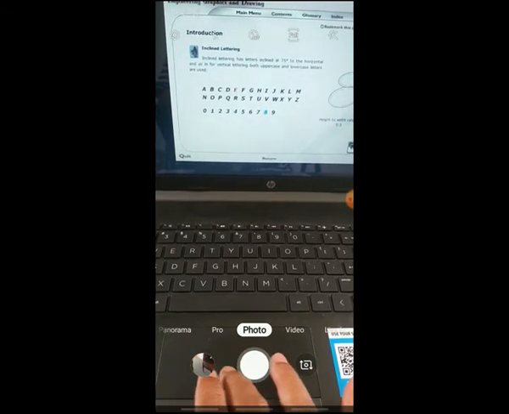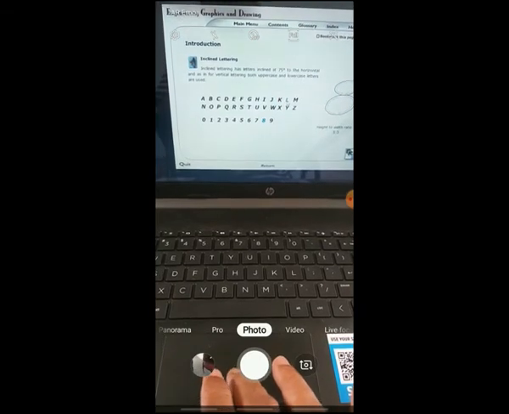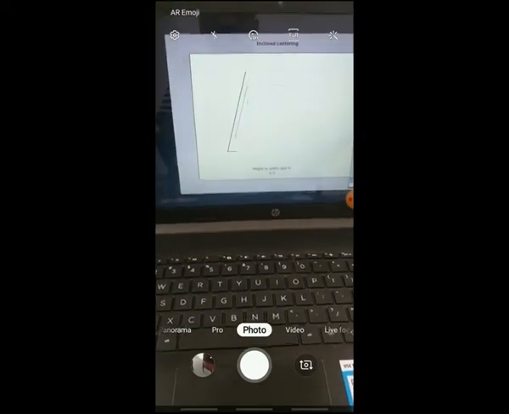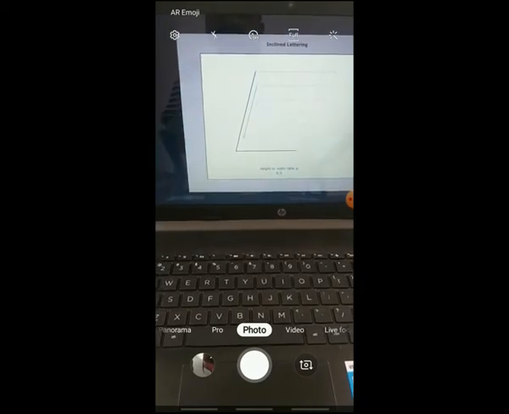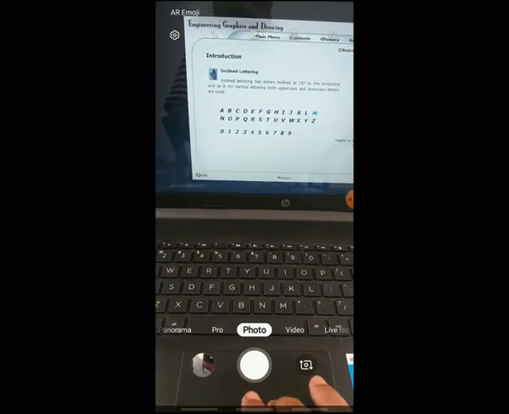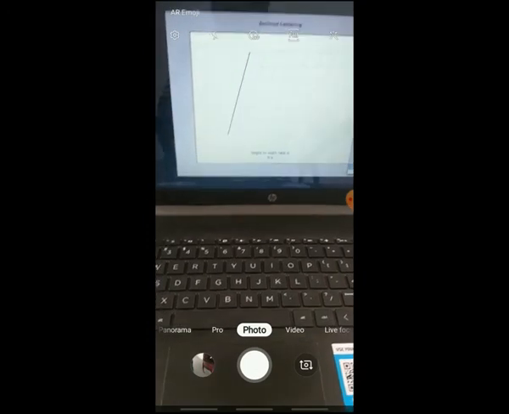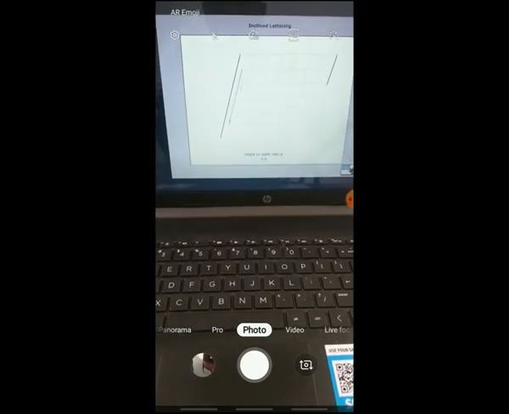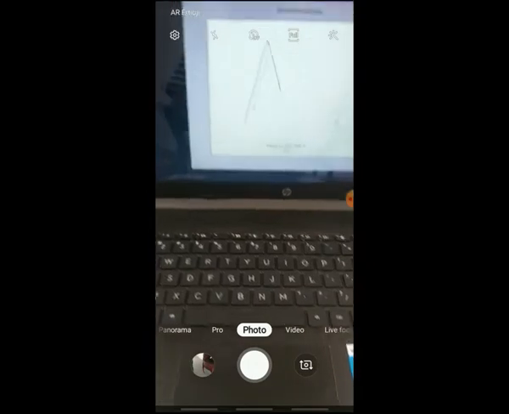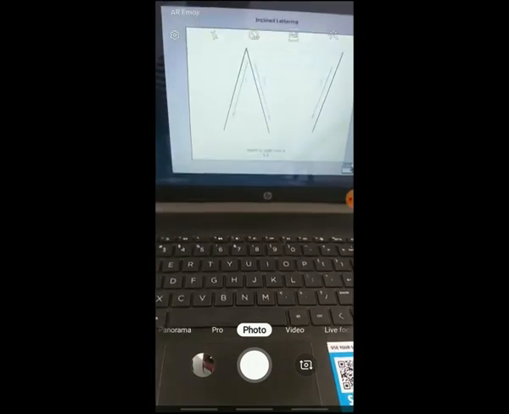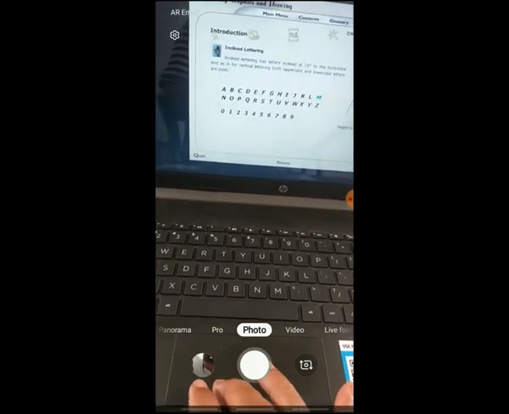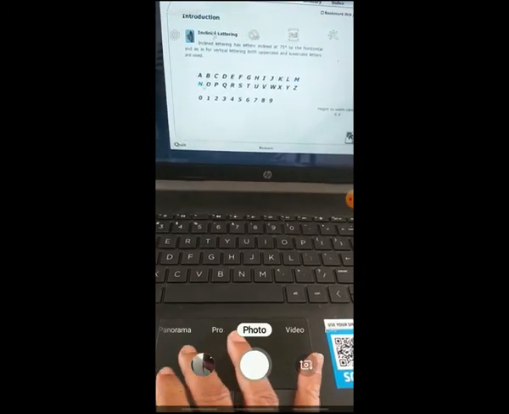Now, the previous one was some of the alphabets. L, M, height to width ratio is 5:4. N.